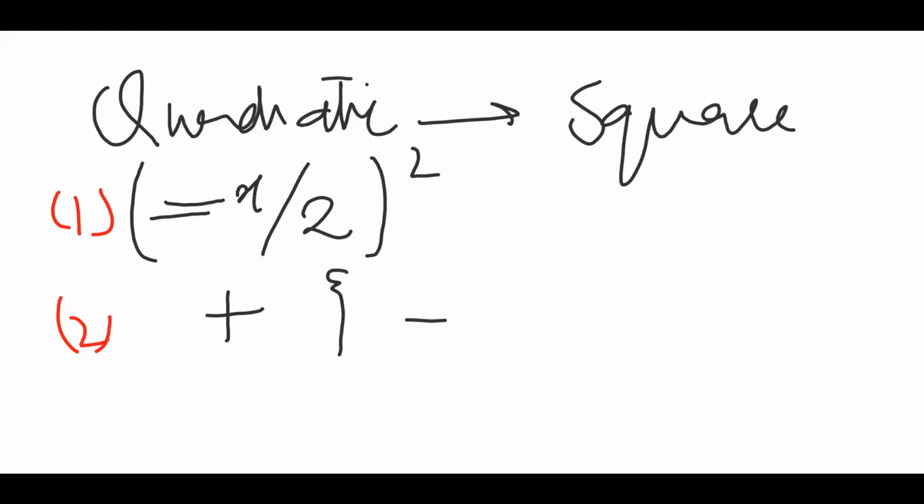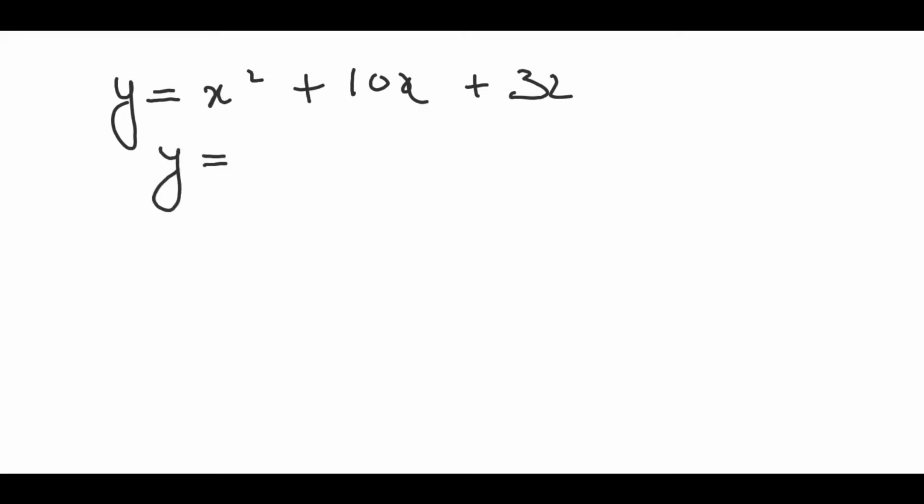So now we'll do one very basic example to clarify this concept. We'll take an equation, for example, y is equal to x squared plus 10x plus 32. So what is our first step? First of all, we add brackets to the x terms and we keep the constant separate.